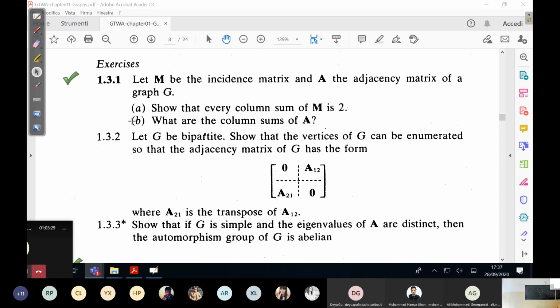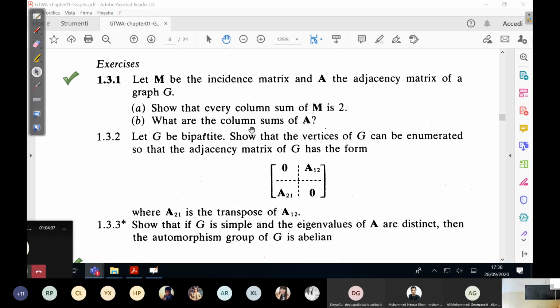In the first case, we put a 1 at the intersection of the column corresponding to the link with each of the two rows corresponding to its ends. So 1 plus 1 is 2 and no more. And if it is a loop, we just have one entry which is different from 0, in the row corresponding to the vertex, which is the only end of that particular loop. So that every column sum of M is 2 is just by the definition itself.